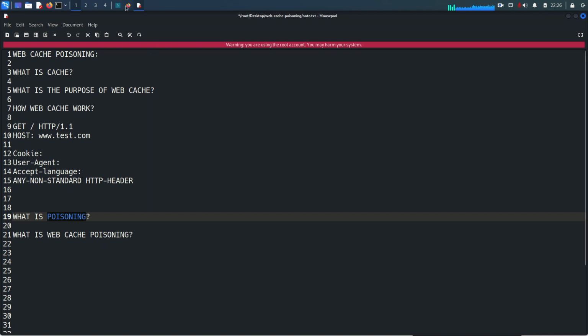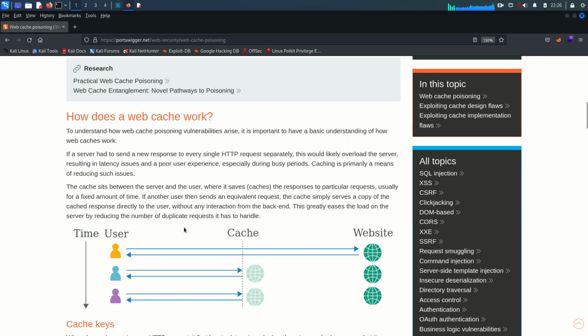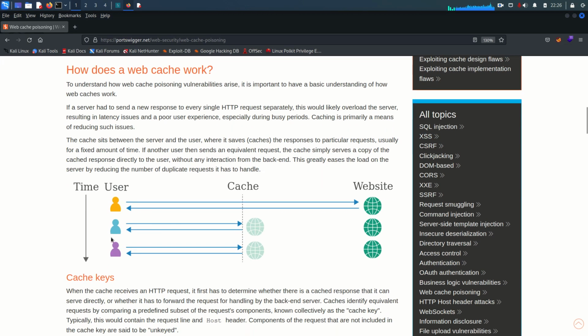So once the malicious response is stored in the cache, any user who comes with the same request is going to be sent the malicious response, and on the user end that malicious response may have some kind of JavaScript or something that is going to be executed, and that's how this vulnerability could be exploited.